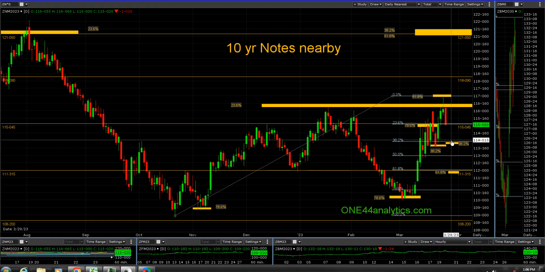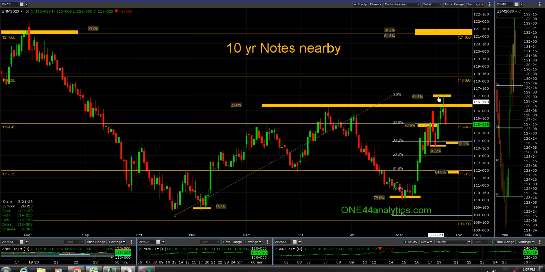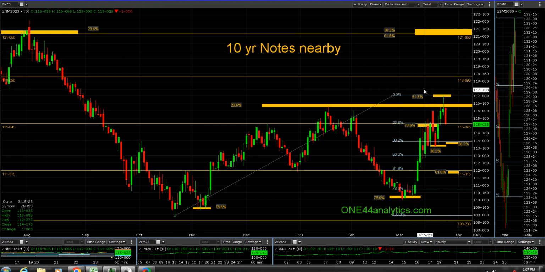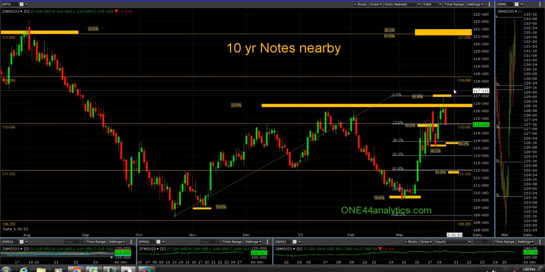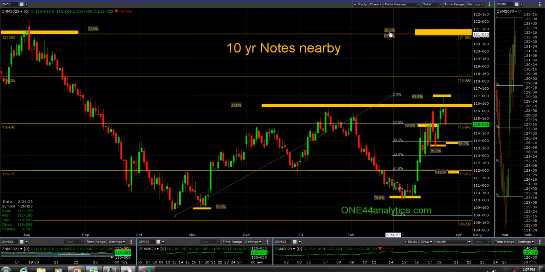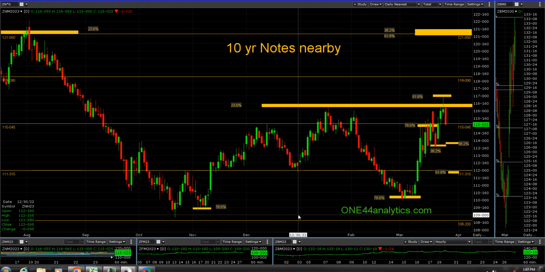If that's all it can do, this market's got a lot more upside. Again, we're looking for 61.8 because this was 61.8. Any violation that takes out this area up here gives you a nice combination of 38 back to the all-time high, 61 back to another important high up there, and a major Gann square. So that's what we're looking for in the notes.